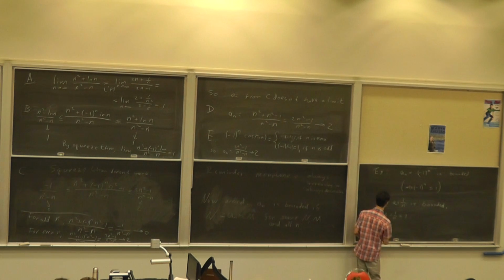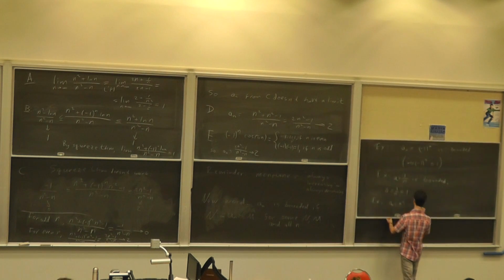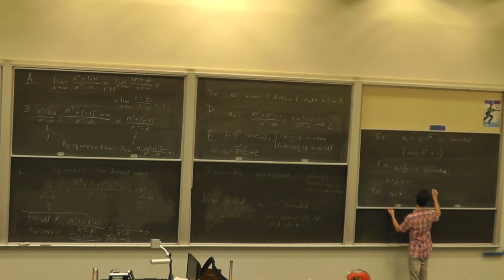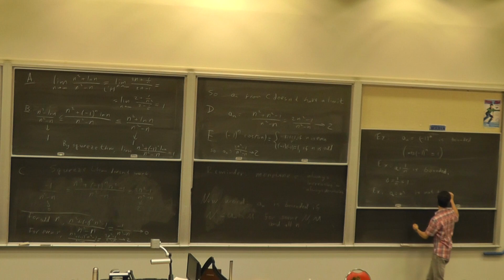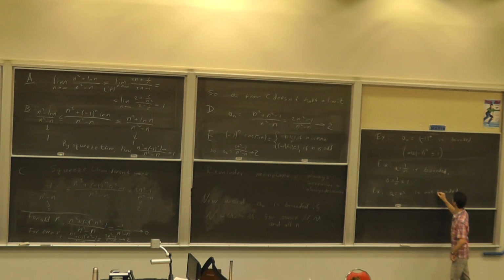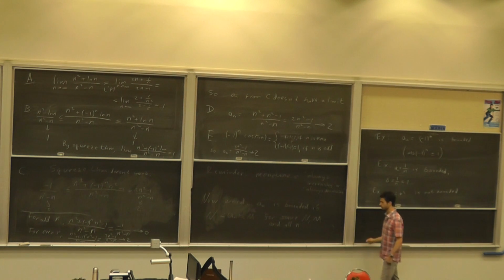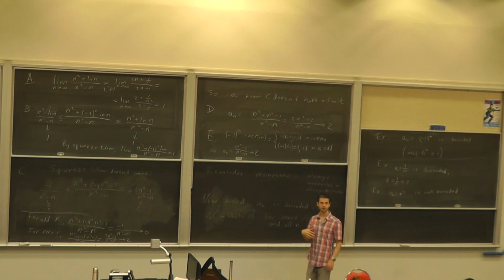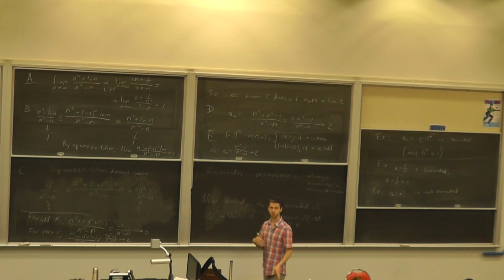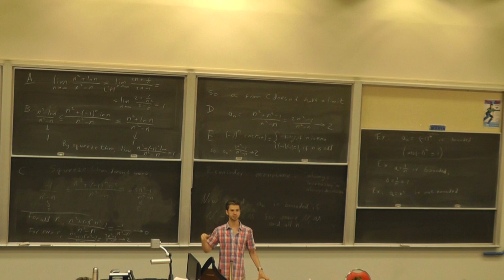Another example, n squared is not bounded. The sequence n squared, the sequence of squares 1, 4, 9, 16, and so on, eventually gets larger than any fixed number.